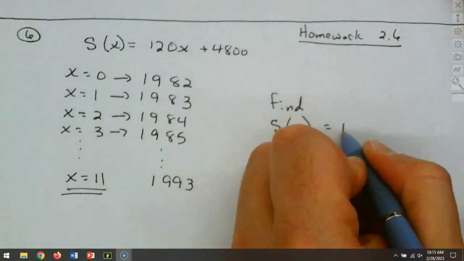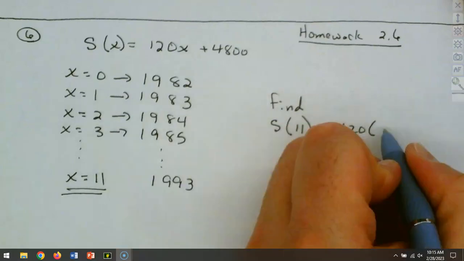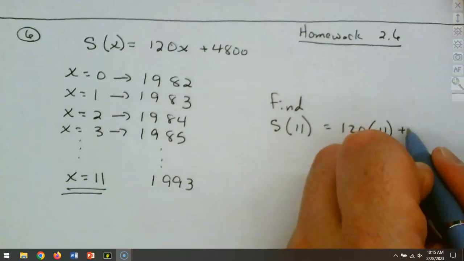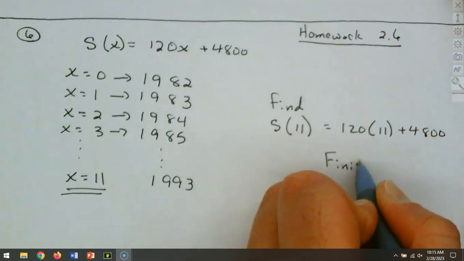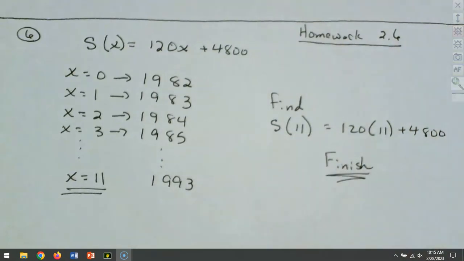And that is 120 times 11 plus 4,800. And you can finish it from here. So you go ahead and finish it from there. Now we're going to break up into groups. And there's 6 of them.